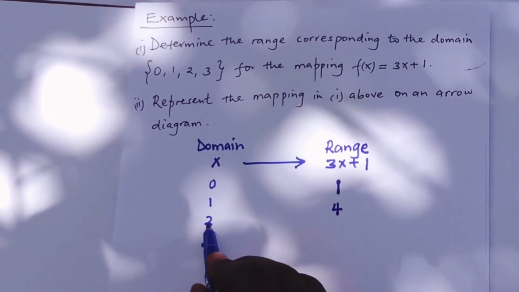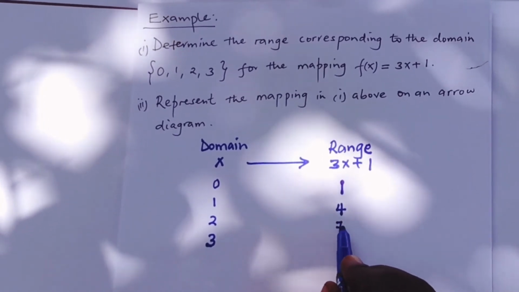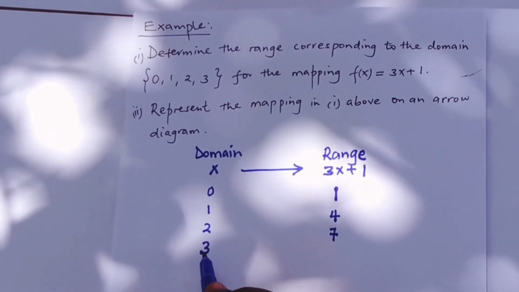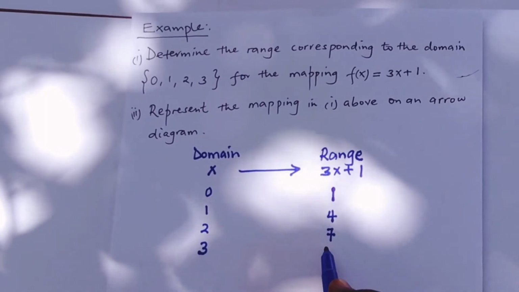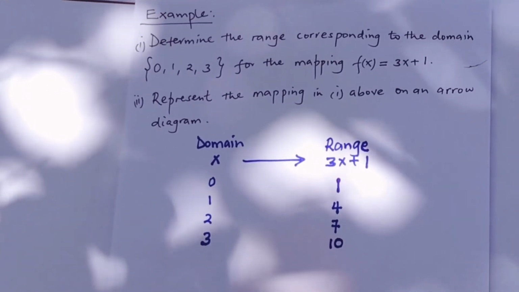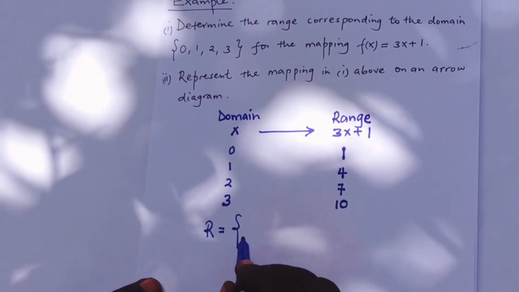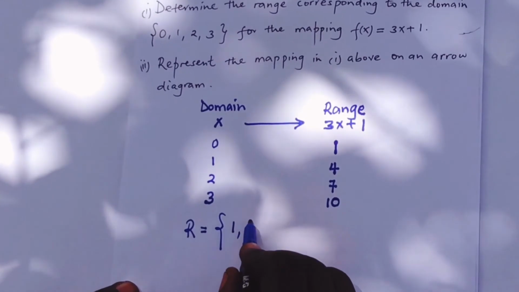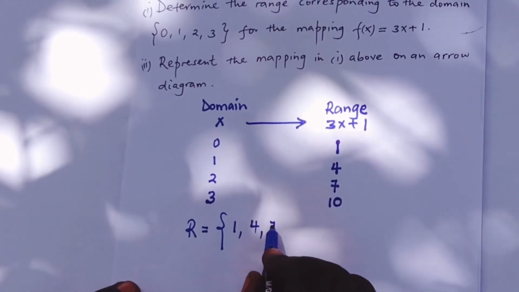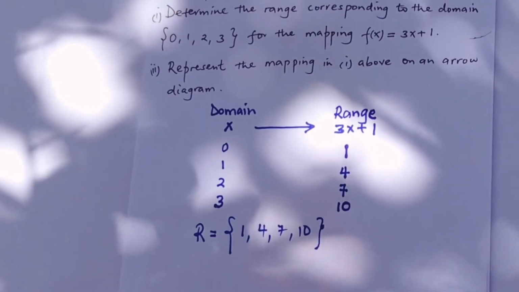In that order, 3 times 2, because it is 3x, that is 6 plus 1, 7. And then 3 times 3 is 9 plus 1, that gives us 10. So our range is a set of values which you can call R, and we have 1, 4, 7 as well as 10. This is what we have as our range.